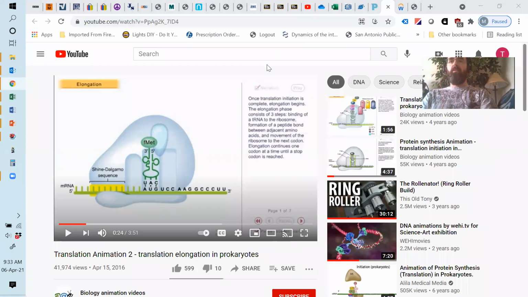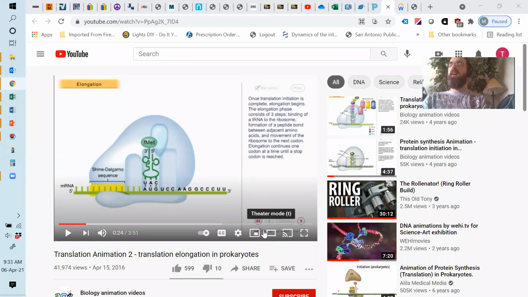And one of the things that you need to be aware of, which ties into the big scale organismal sense, is that translation is very energy intensive. So for one amino acid, you need basically 2 GTP, which is analogous to ATP, and 1 ATP.